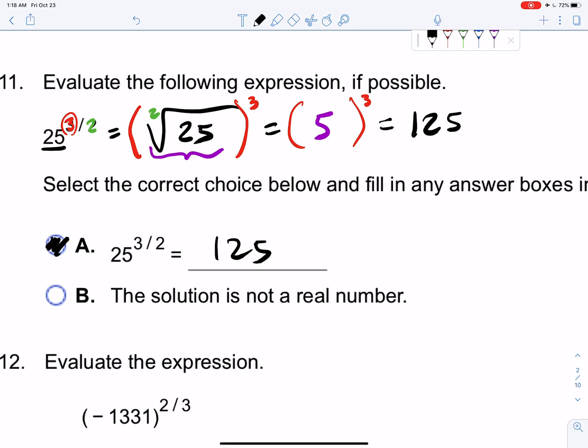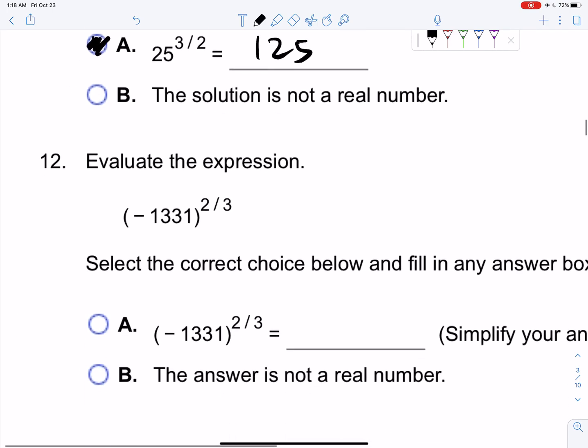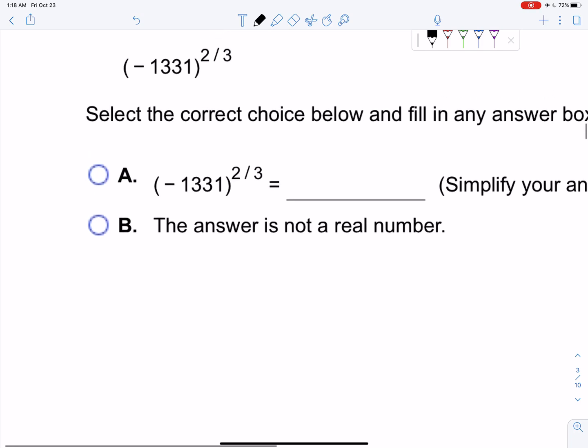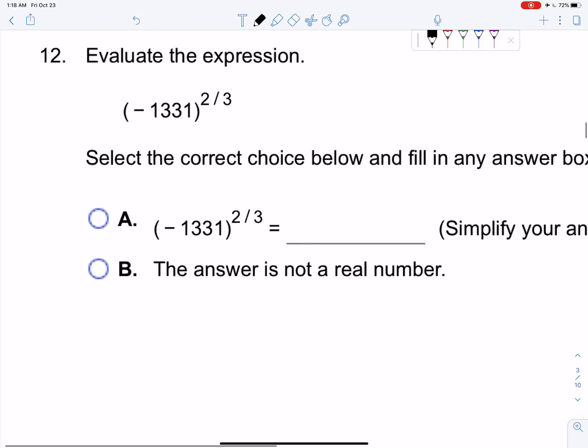And next problem. Evaluate the expression. Looks like a little bit of space to work down here.